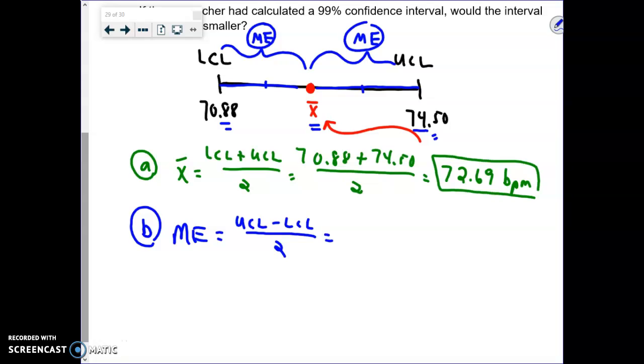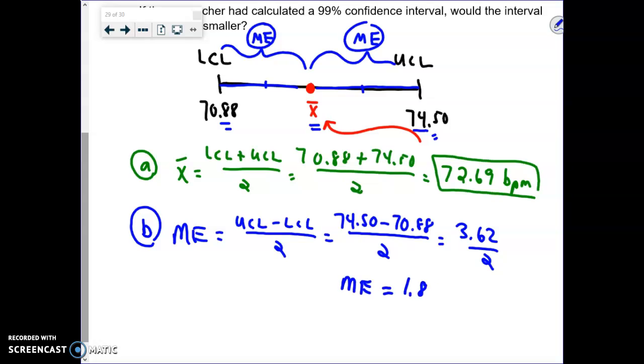So you take 74.5 minus 70.88 and divide that by 2. Well, the numerator becomes 3.62. So the total length of this interval is 3.62 beats per minute. We're going to divide that by 2 because we want to know the margin of error. And that would give us a margin of error equal to 1.81 beats per minute.